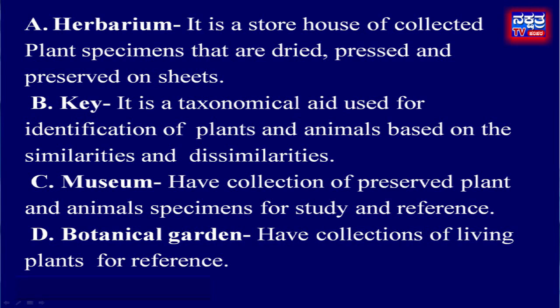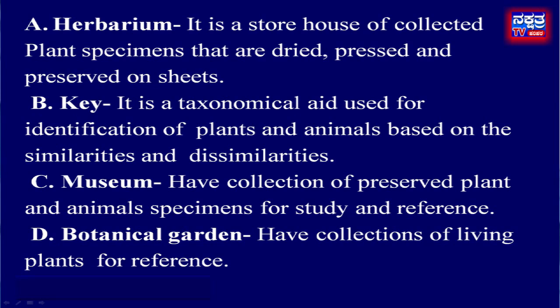In the given options, herbarium has plant specimens that are dried, pressed and preserved on sheets. Similarly, key, as you know, is a taxonomical aid used for identification of plants and animals.